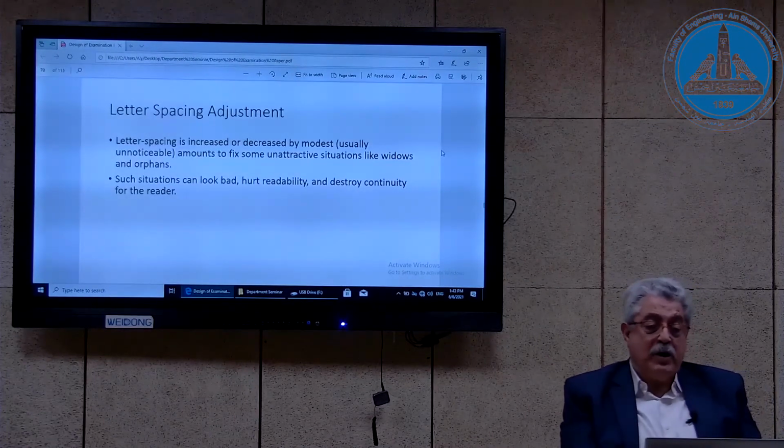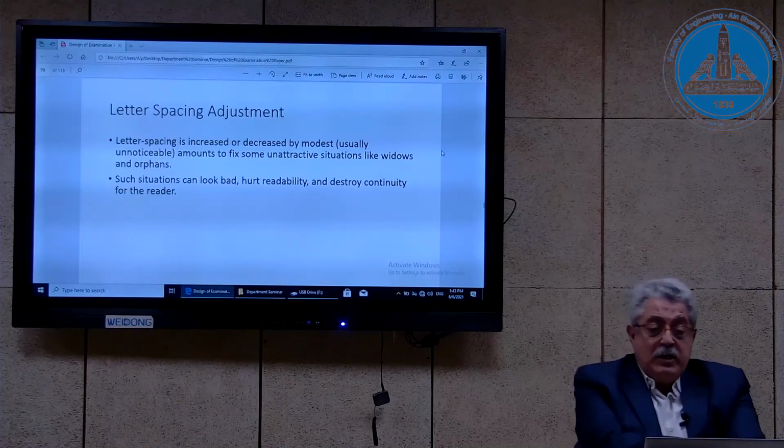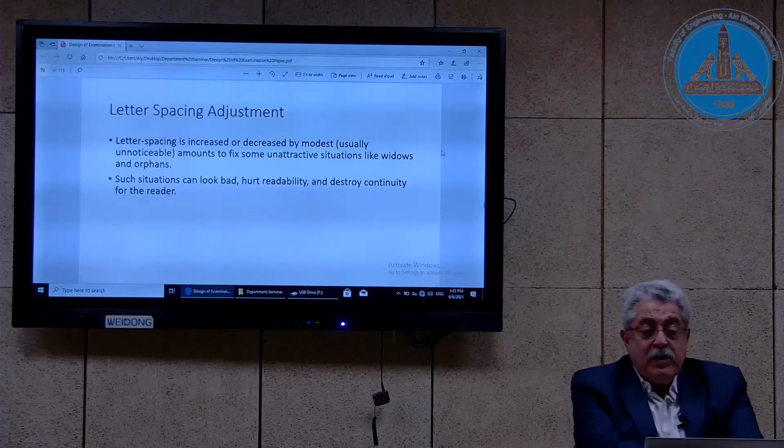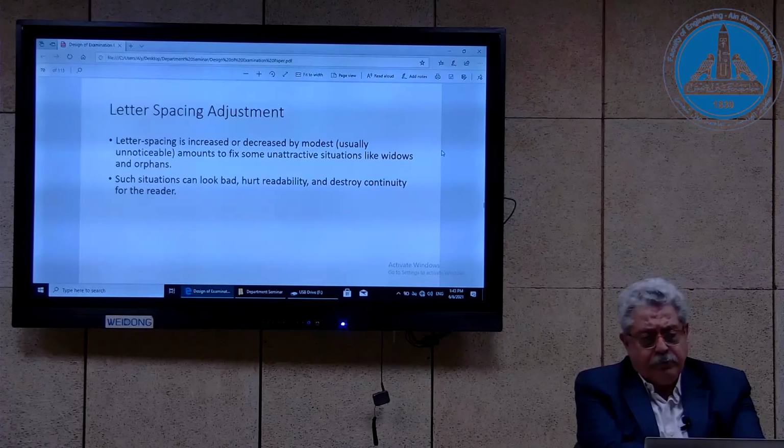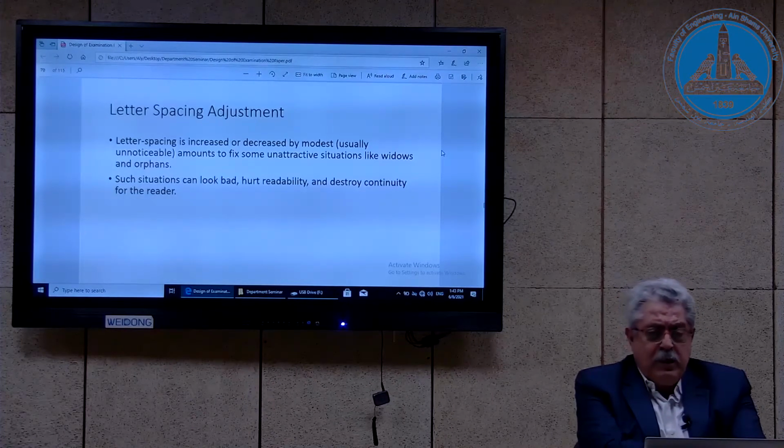Letter spacing adjustment. Letter spacing is increased or decreased by a modest, usually unnoticeable amount to fix some unattractive situations like widows and orphans. What are widows and orphans? It's an option in Word where we don't leave single lines alone at the beginning or at the end of a page.